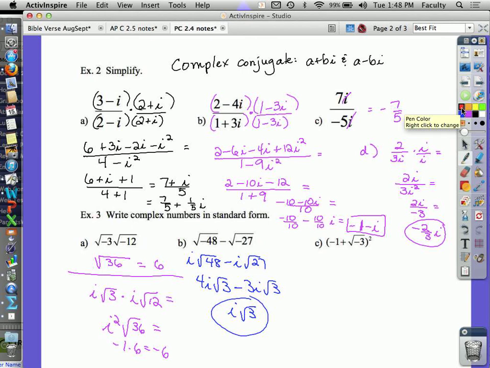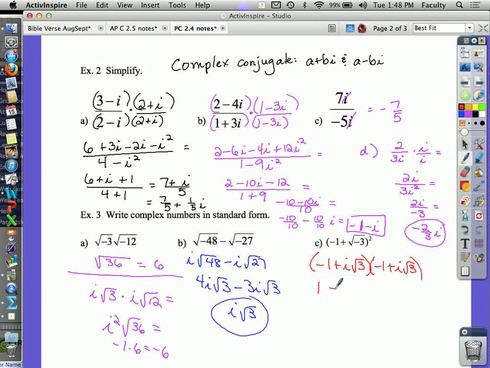All right, letter C. I have negative 1 plus radical negative 3, the quantity squared. So what I told you is that you need to immediately pull out the i. And then when I have a quantity squared, it does mean you're going to take it times itself. So that's negative 1 plus i radical 3 times the quantity negative 1 plus i radical 3. So let's FOIL. Negative 1 times negative 1 is 1.